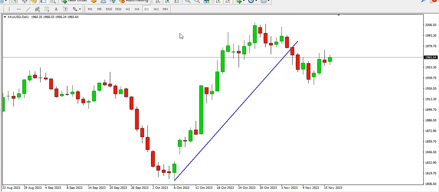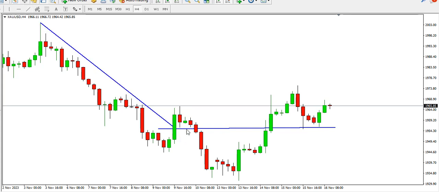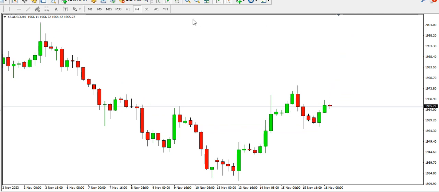For the 4-hour time frame, we can see a kind of range around this point, and a range around this point was bearish, but now we have a range, and this might possibly turn bullish. That's for the 4-hour time frame.